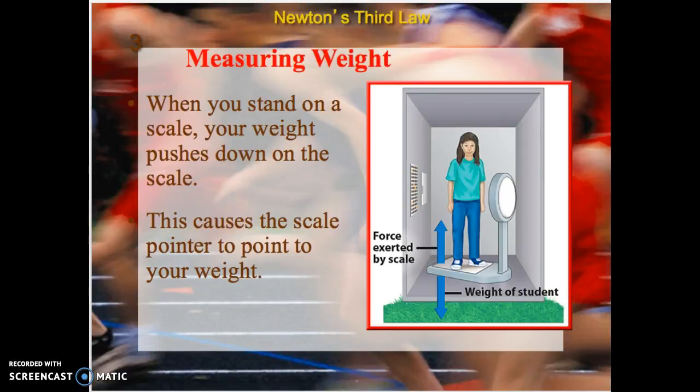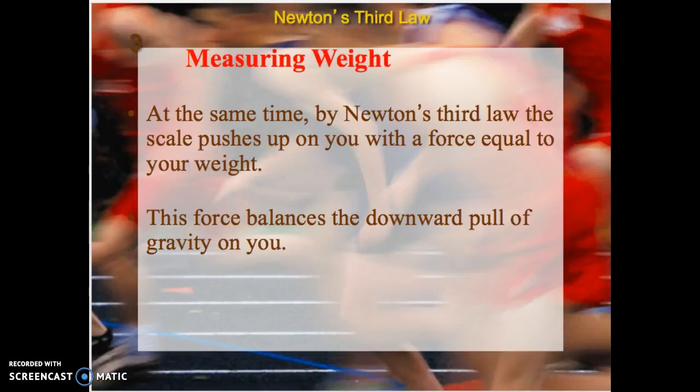Remember when we said that weight is the amount of gravity being pushed on us, whereas mass is the amount of matter in an object. So when you stand on a scale, your weight pushes down on the scale, and this causes the scale to point to our weight. It has a lot to do with how gravity is pushing us down as well. It's that downward pull of gravity.